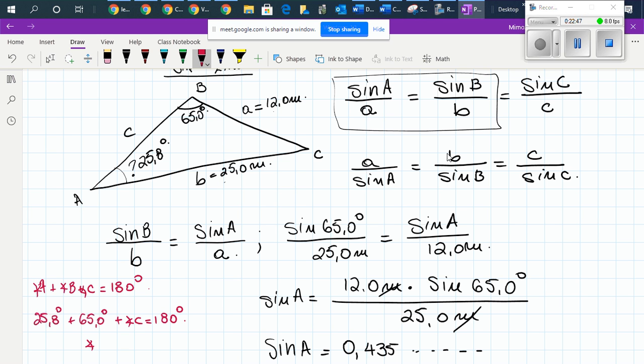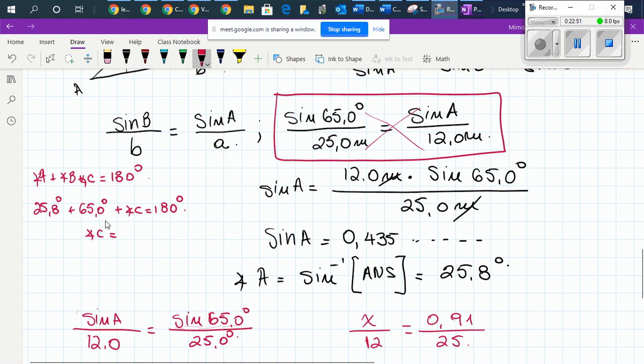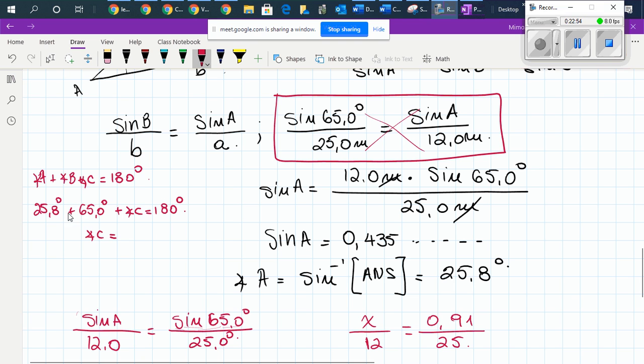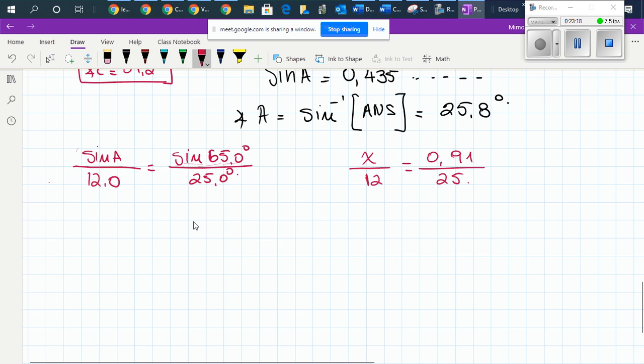And from here, angle C will be, so now if we use the calculator, 180 minus 65 minus 25.8, we will find that angle C is equal to 89.2 degrees.